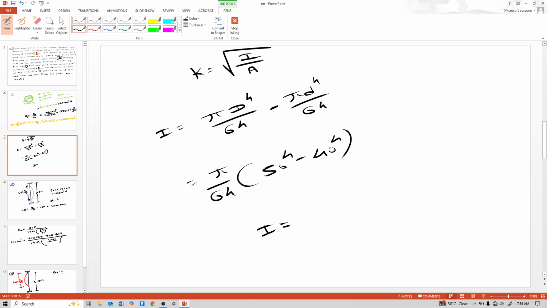It is 181,132.45, and the unit is mm raised to 4. So this I is equal to 181.132 into 10 raised to 3 mm raised to 4.